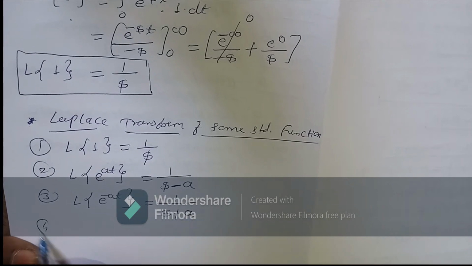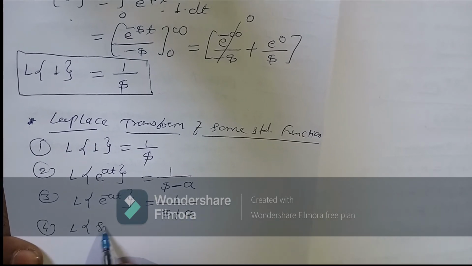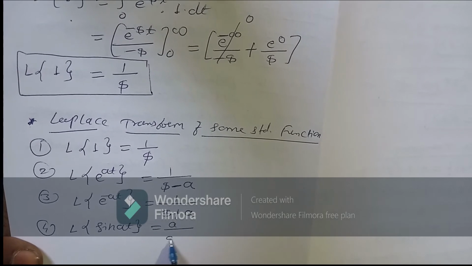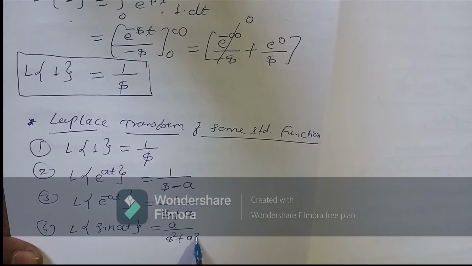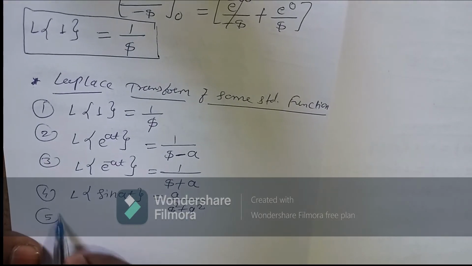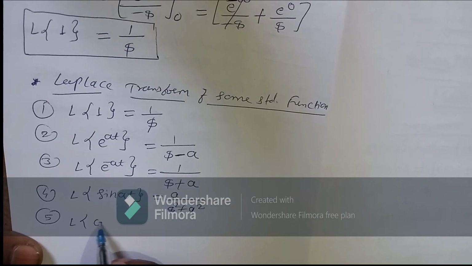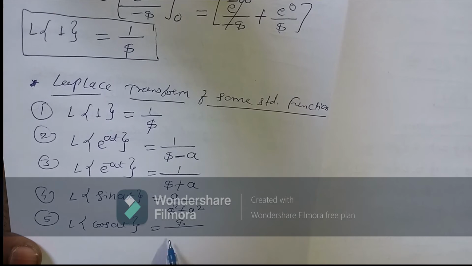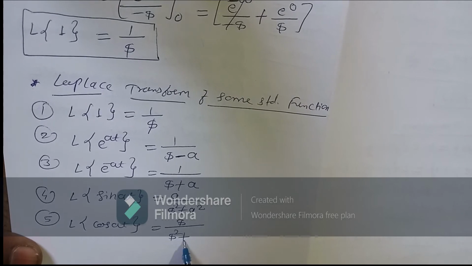Fourth, Laplace transform of sin at is equal to a upon s square plus a square. Next formula number 5, Laplace transform of cos of at is equal to s upon s square plus a square.